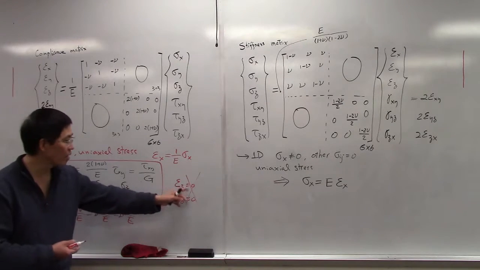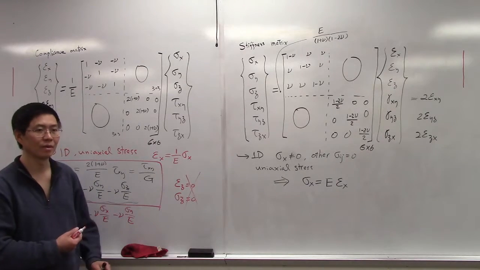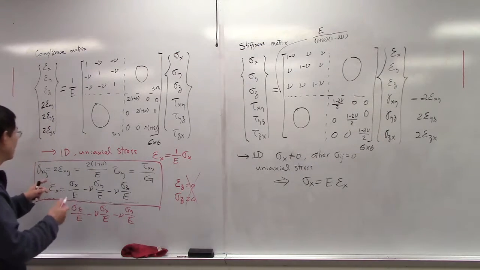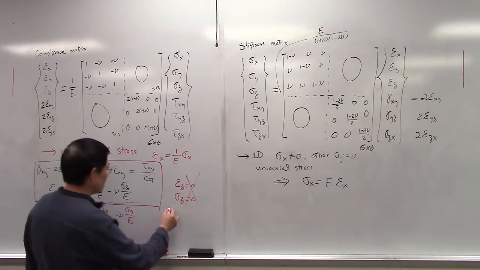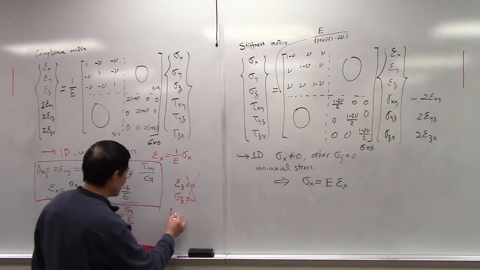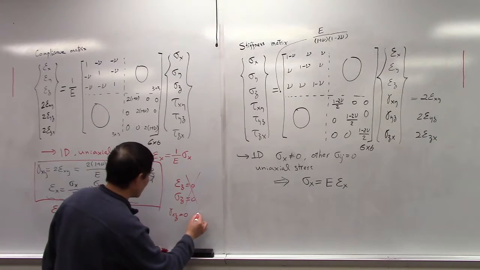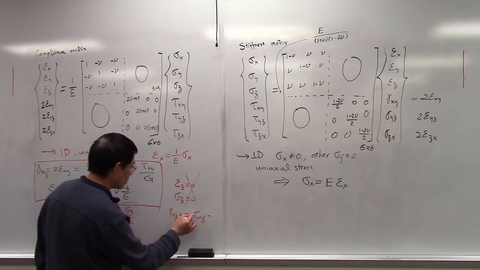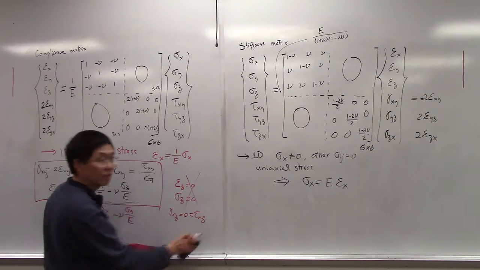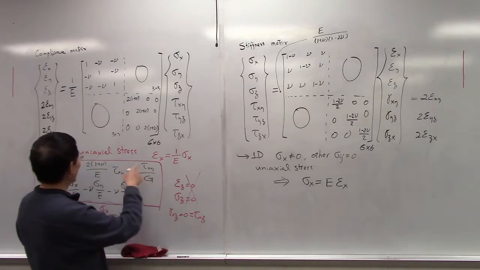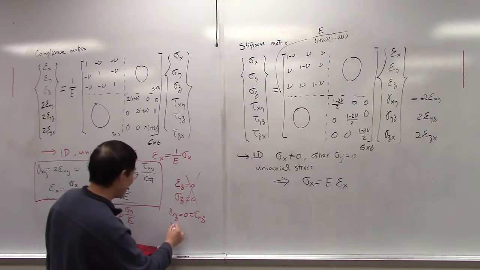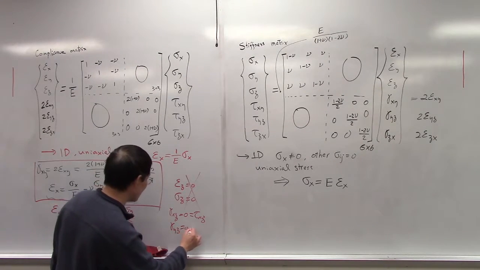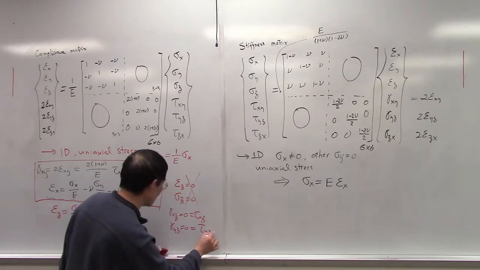Therefore, you cannot have that at the same time. But it's very easy to have gamma xz to be 0 and also tau xz to be 0. In fact, if this is 0, tau xz will be 0 because it's linked directly. And again, if gamma yz is 0, then tau yz is 0.